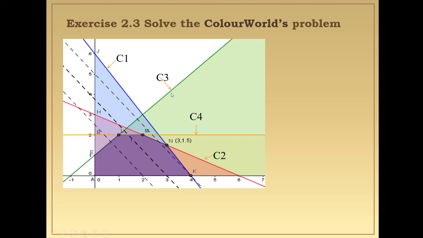So we know the difference between exterior paint and interior paint cannot exceed 1 ton. We get the constraint x2 minus x1 less than or equal to 1. And then the last constraint is the demand for interior paint. So ColourWorld cannot produce more than 2 tons per day. So I hope everyone gets the same graph.